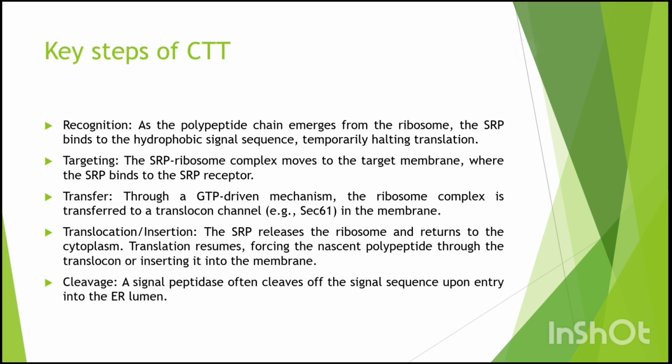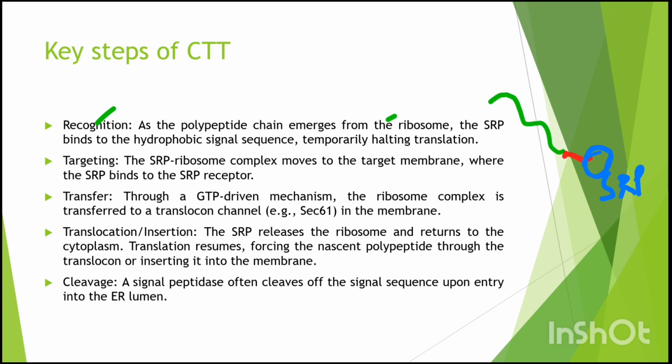So what are the key steps? At first, recognition. As the polypeptide chain, the newly synthesized protein, emerges from the ribosome, SRP, the signal recognition particle, binds to the hydrophobic signal sequence, because newly synthesized proteins have a signal sequence and SRP binds to it.